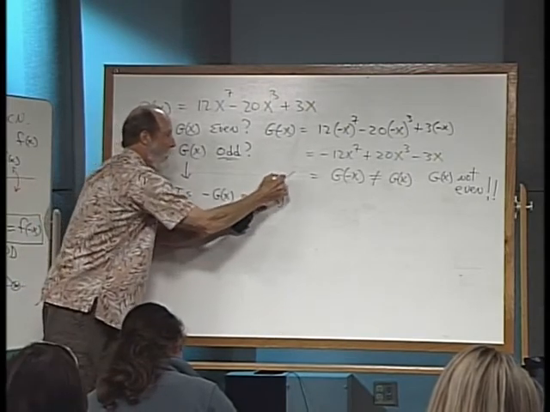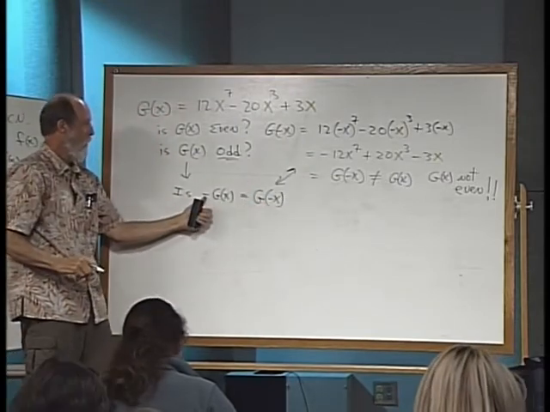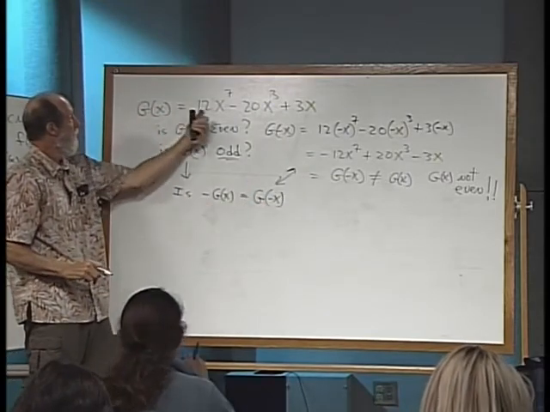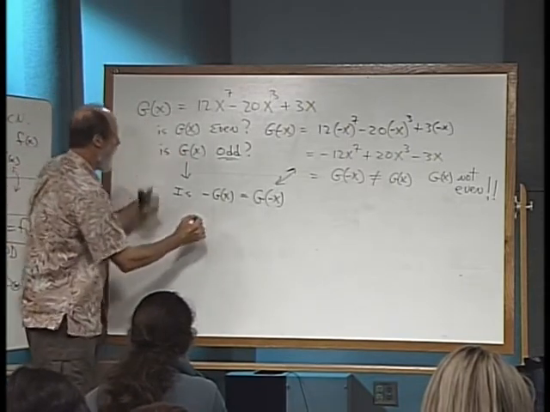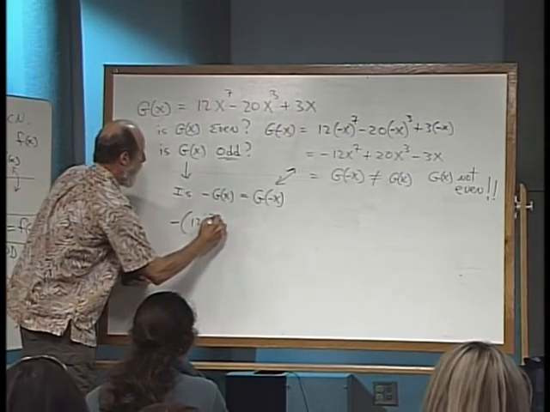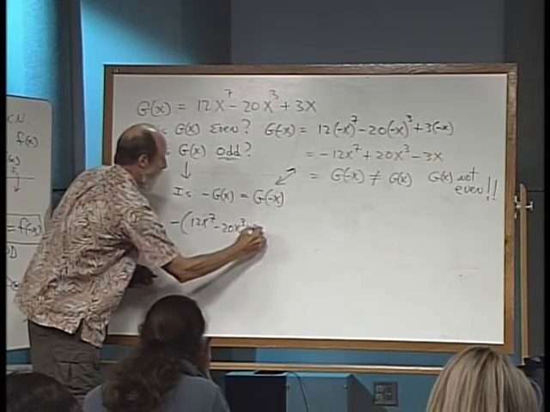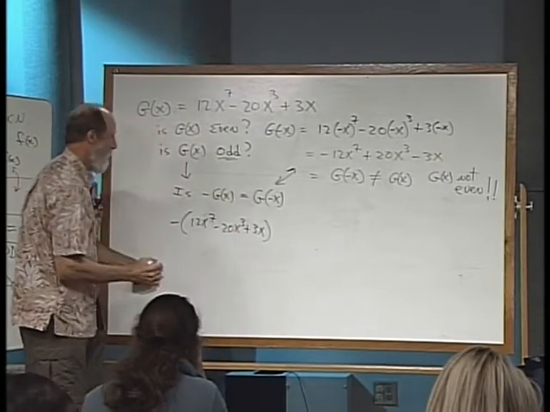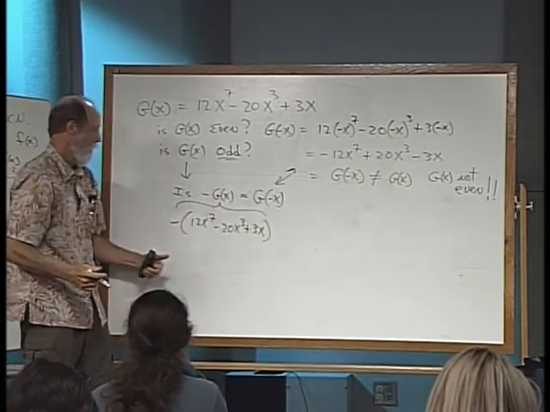It's sitting right over here. So all we have to do is go back to our original function and take the negative or opposite of it, and you can see that it is the opposite of this, 12x to the 7th minus 20x cubed plus 3x. That's the negative of the original g of x.